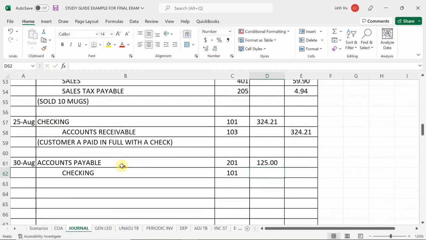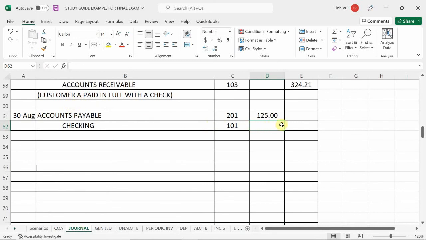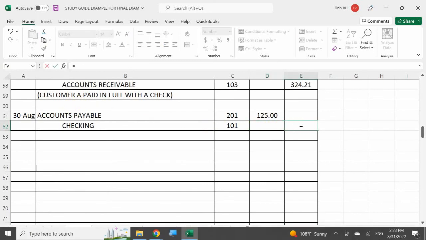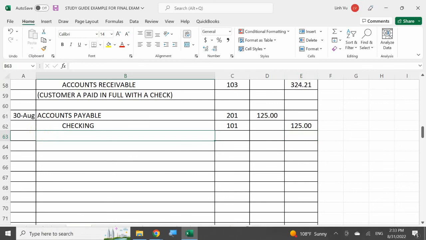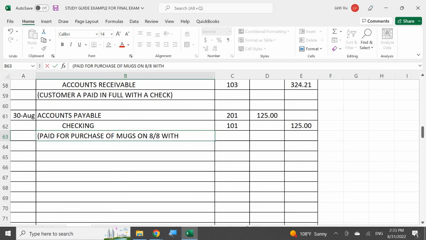We owe 125 and we're going to pay 125. And then I'm going to say paid for purchase of mugs on August 8th, with a check.